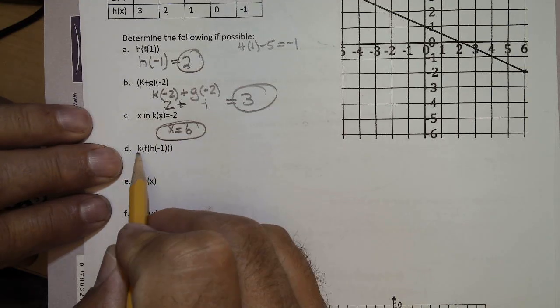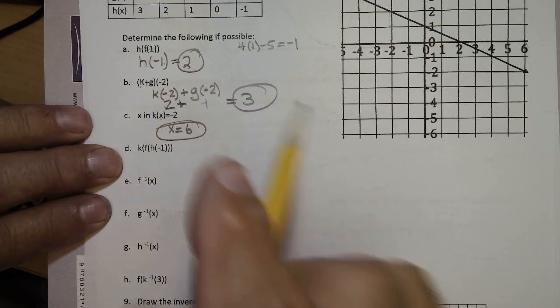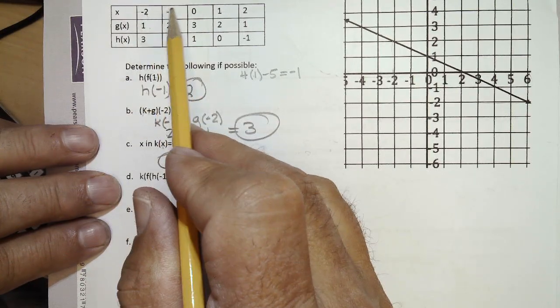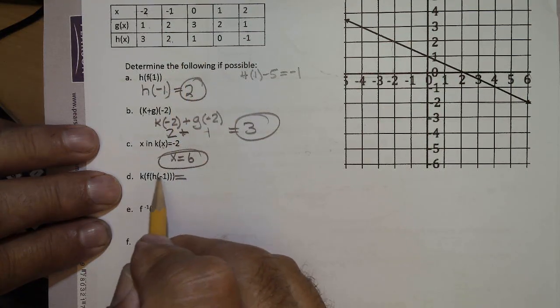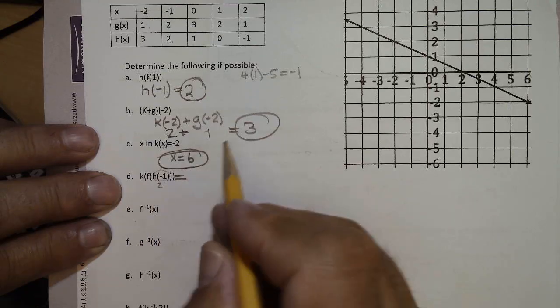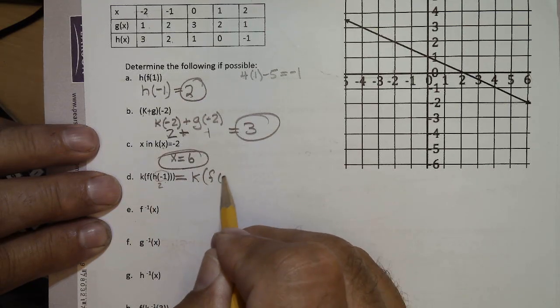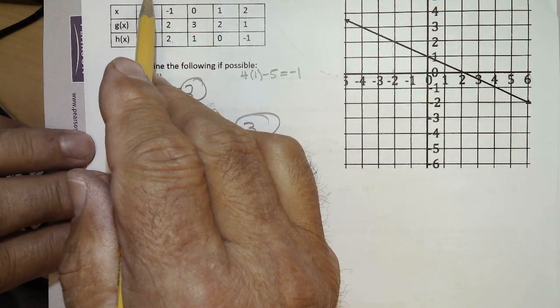Now this says we got to do 3 things here. First, we got to put minus 1 into h. So minus 1 into h is 2. So I'm changing this to a 2. So I'd have k of f of 2. So now I have to put 2 into f.